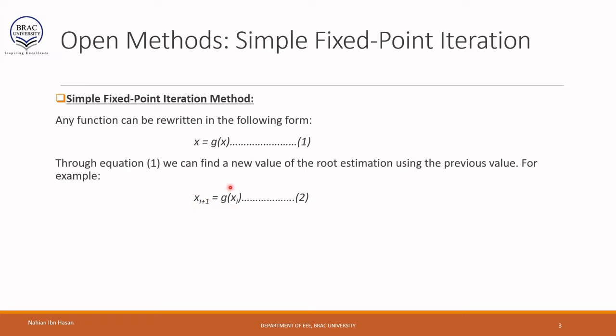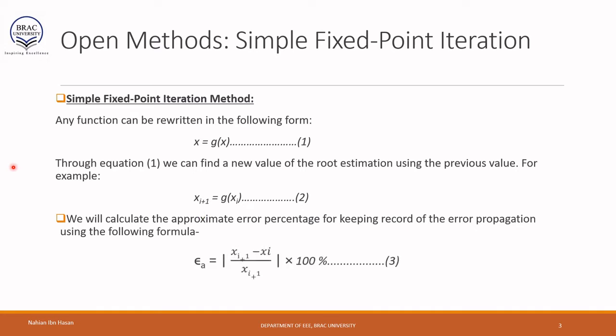That's the usefulness of simple fixed point iteration, which is simple. That's why it is called the simple fixed point iteration method. Using this iterative approach, x i plus 1 equal to g of x i, we can calculate our approximated roots at each iteration with simple calculations.